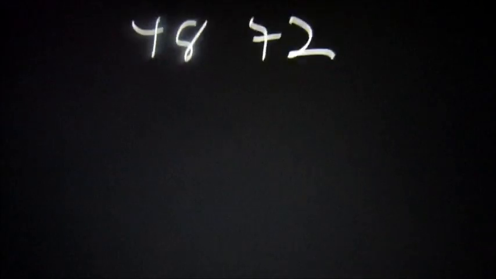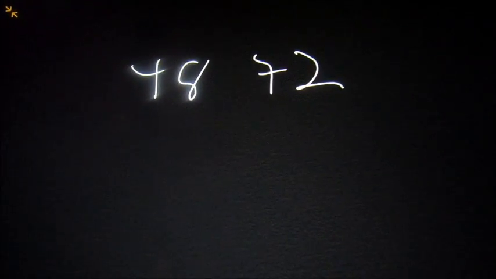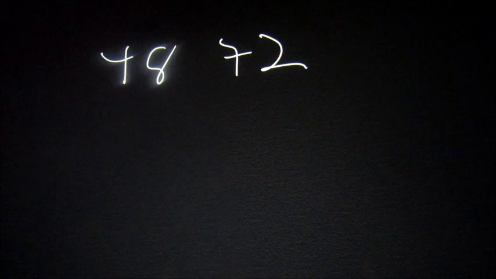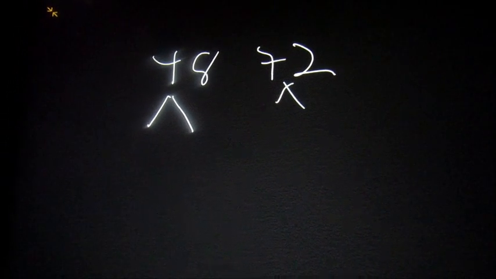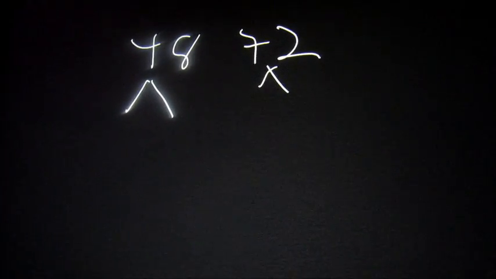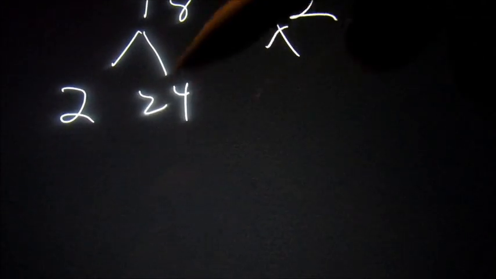Then let's say you have some bigger numbers, say 48 and 72. There are a few ways that we can do this. One way is by doing a factor tree, like we did at the beginning of the class, where we found the prime factors. 2 will go into 48, and it'll go 24 times.